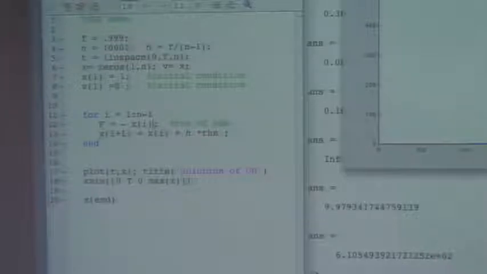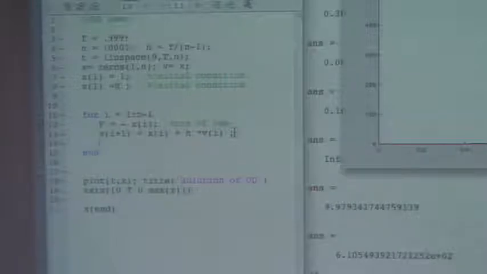Then I have x sub i plus 1 equals x sub i plus h times v sub i, because the rate of change of x is the velocity. And I'm going to have v sub i plus 1, almost exactly the same line, but not really. v sub i plus 1 is v sub i plus h times the rate of change of v, but that was F divided by m, and F is the force in the mechanics equation.